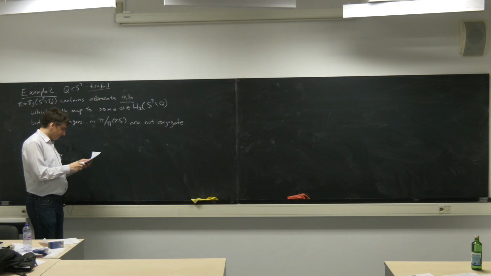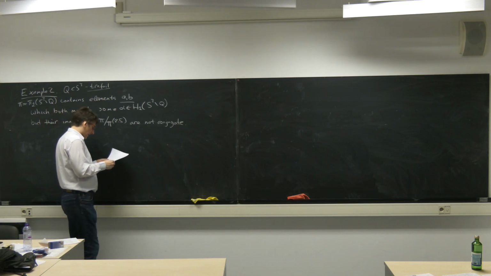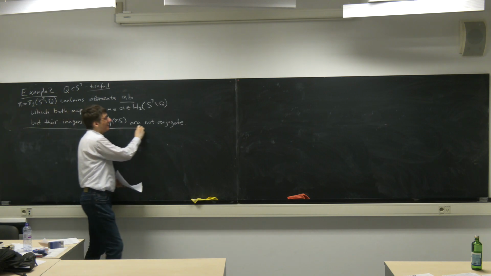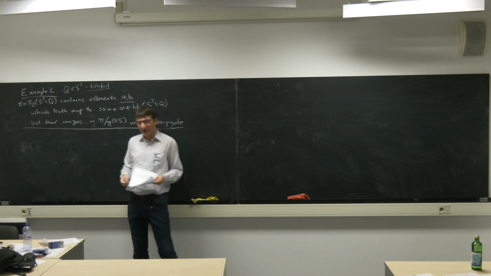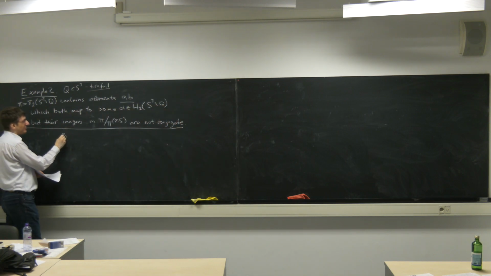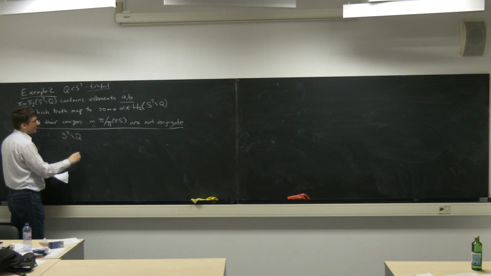So the secret is very simple. The trefoil knot is fibered. So there is a fibration: S3 minus Q fibers over a circle.